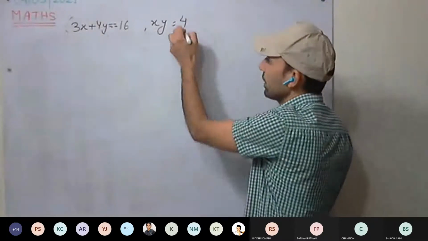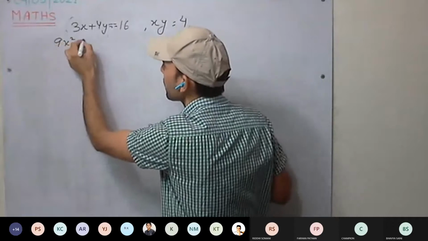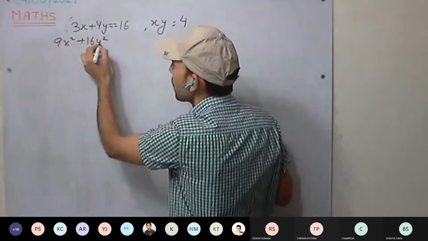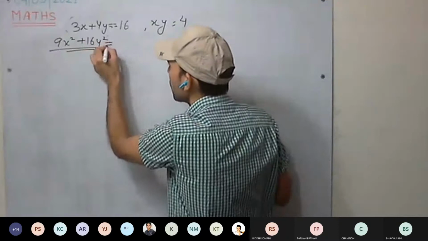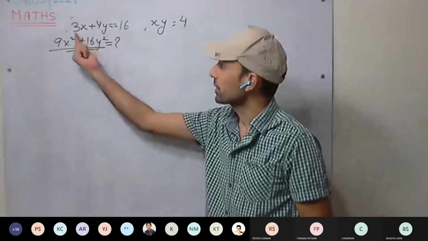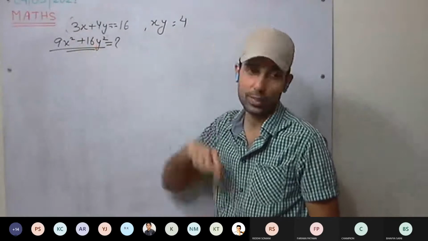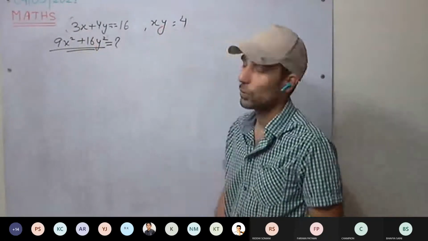We have to calculate the value of 9x square plus 16y square. You can see here 9x square, 16y square, and xy is also given.